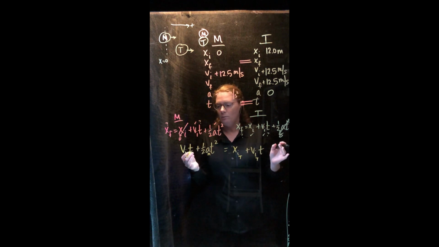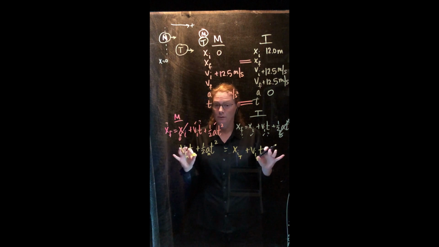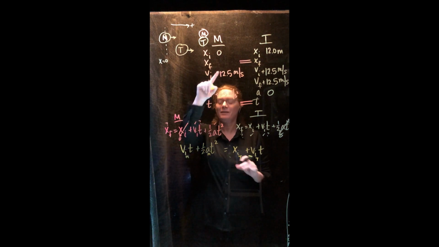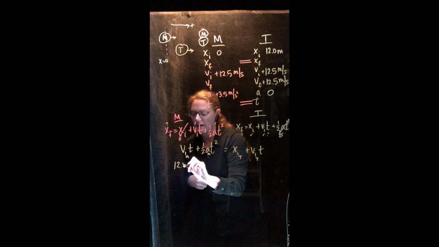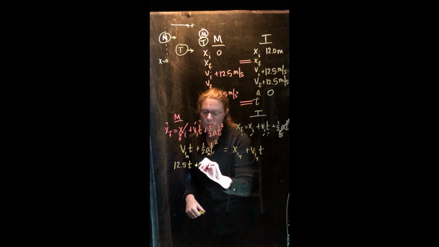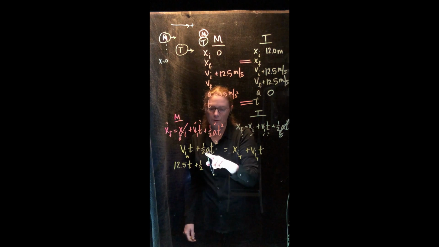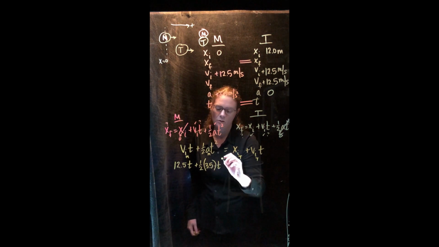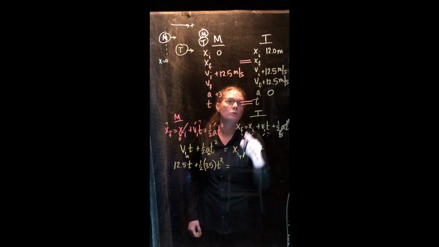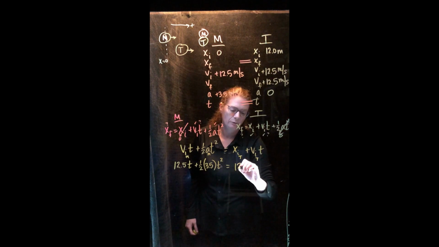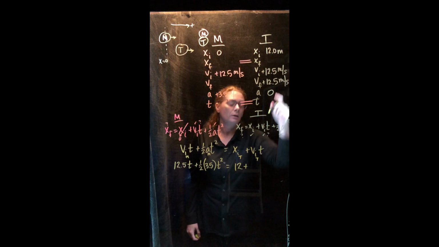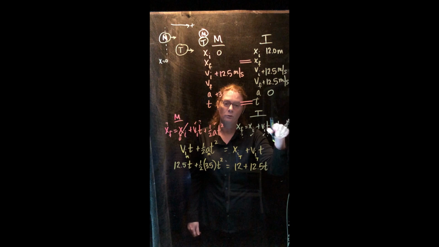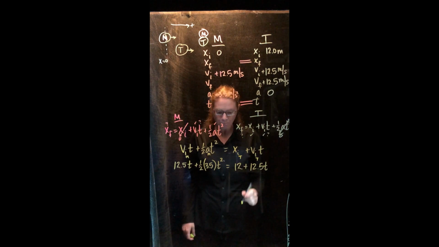At this point, I actually like to throw the numbers in just to see what I'm dealing with. V initial motorcycle T, so that's 12.5 T plus 1/2 the acceleration of the motorcycle, 3.5, times T squared, equals X initial tractor 12 plus V initial tractor 12.5 T, and then that whole term for the tractor went away because the acceleration is 0.